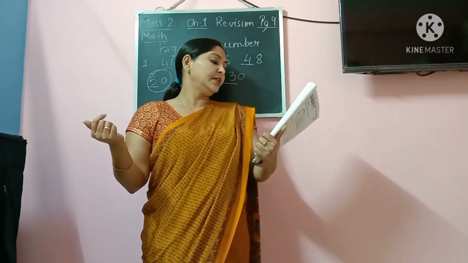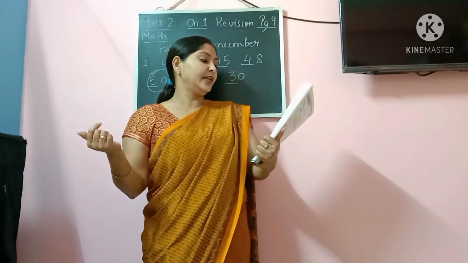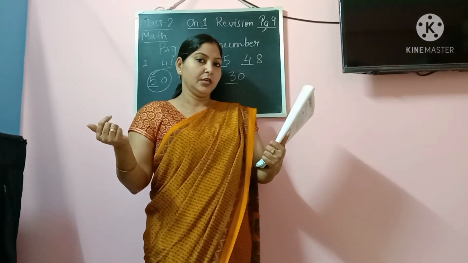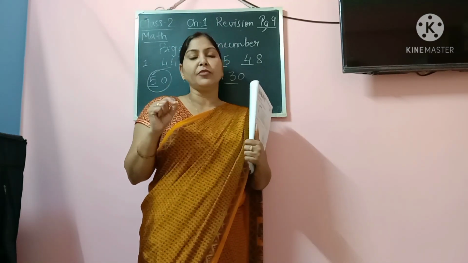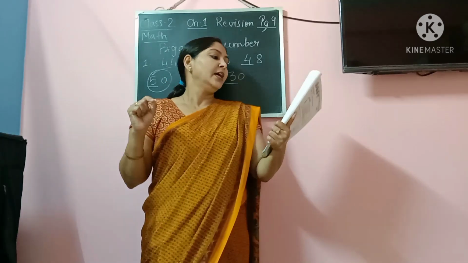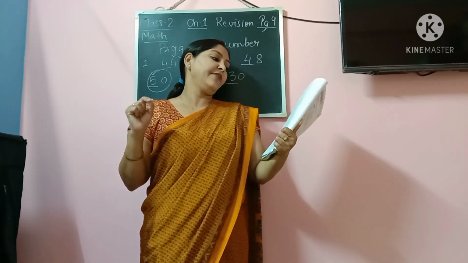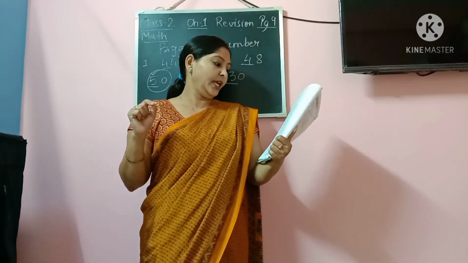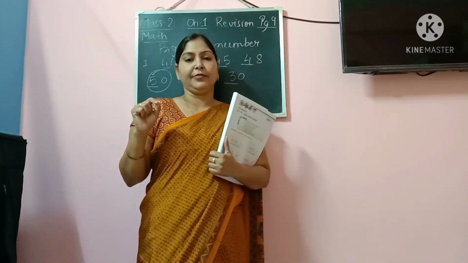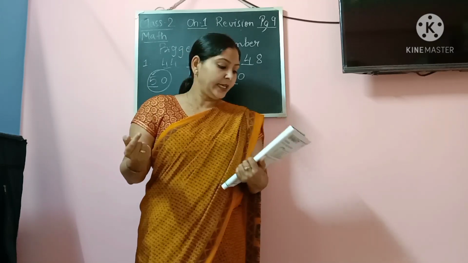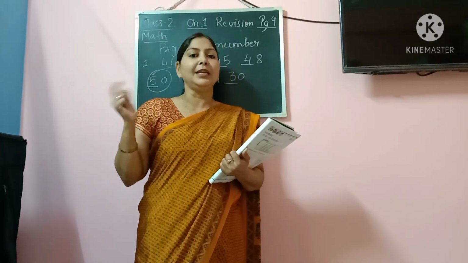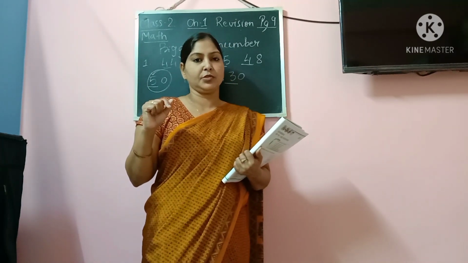Now the next question is, Rakesh had a notebook of 96 pages. So there is a notebook with Rakesh who has 96 pages. His younger brother took out 25 pages from it. Okay. So now how many pages are left? Will it be more than 96 pages or less than 96 pages?